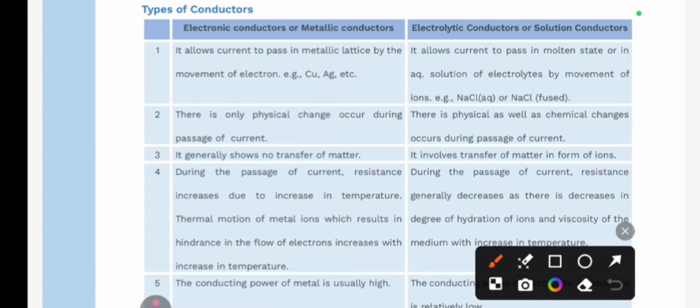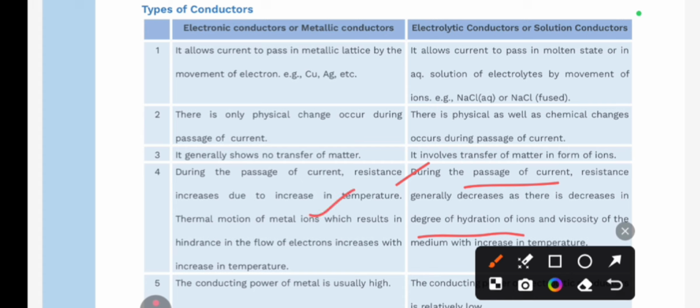Now the fourth point of the electrolytic conductor: during the passage of current, resistance generally decreases as there is a decrease in the degree of hydration of ions. If you increase the temperature, the ions' motion will increase and current will increase.